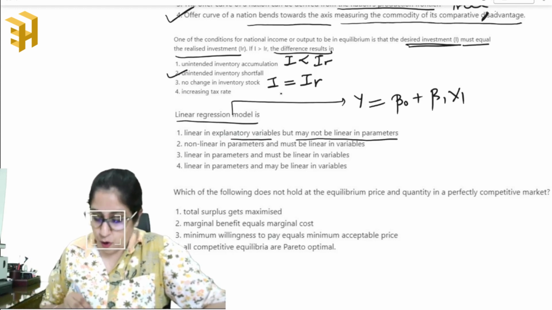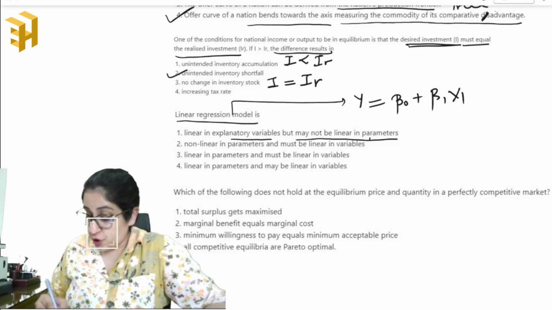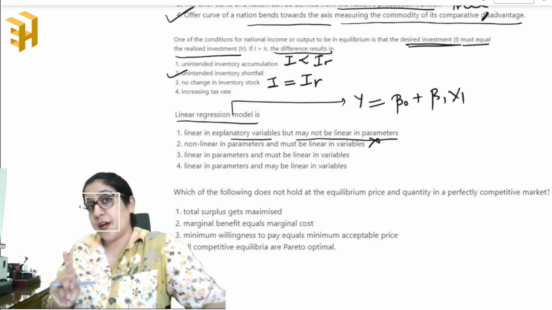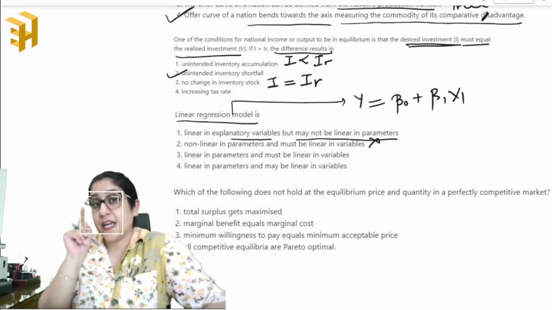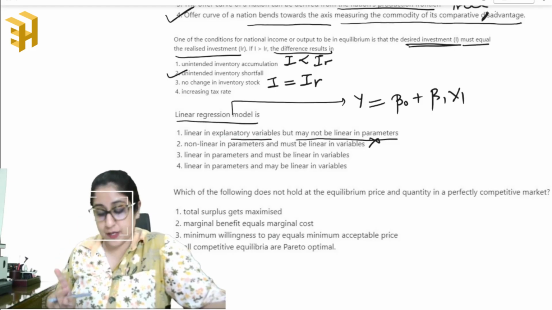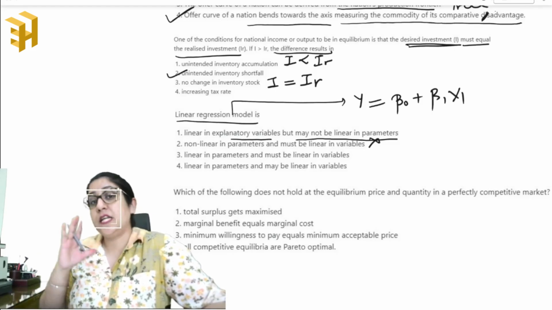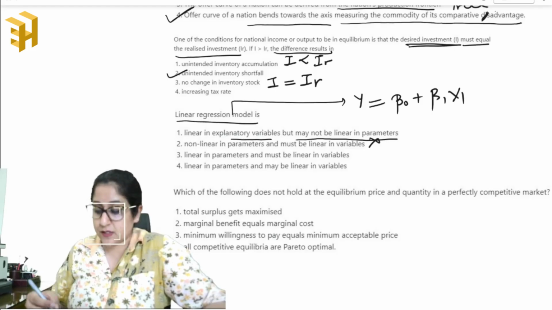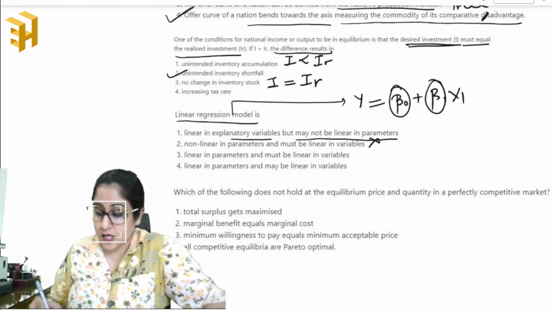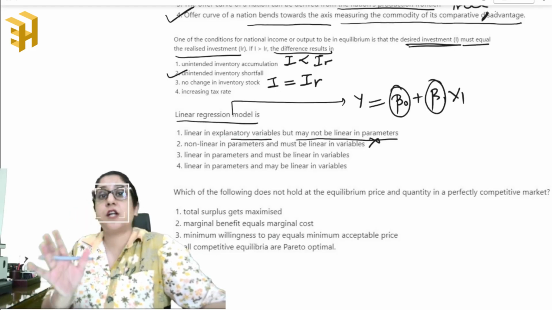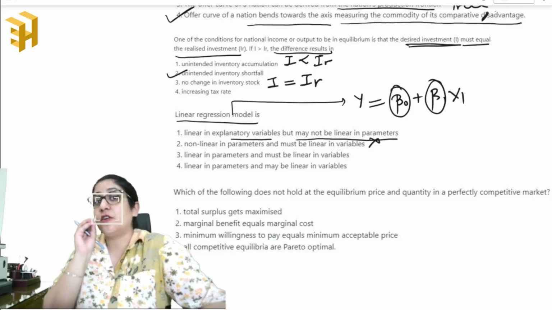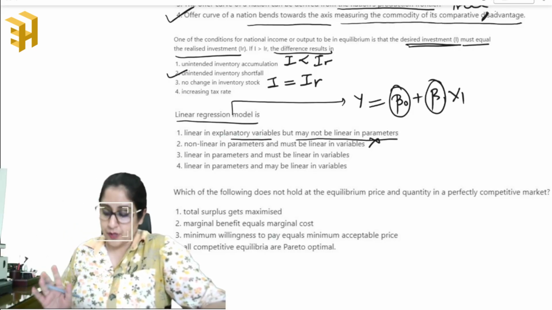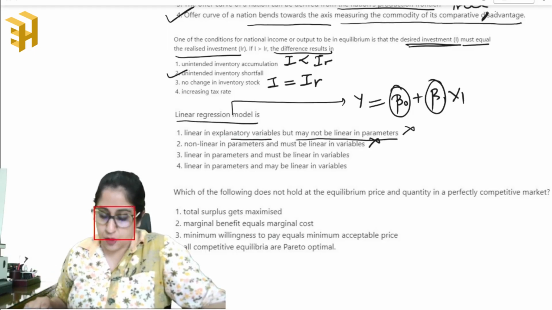No. Non-linear in parameters but must be linear in variables? No. The linear regression model must be linear in your parameters. The linearity amongst the parameters, that is your beta naught, beta 1, is a necessary condition in your linear regression model. So the first statement is wrong and the second statement is wrong.